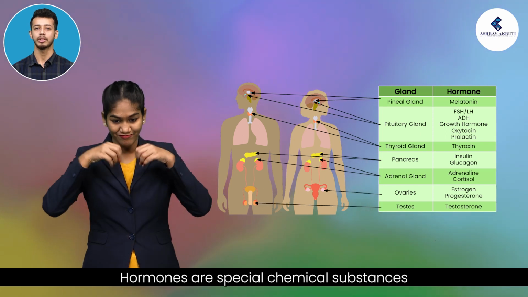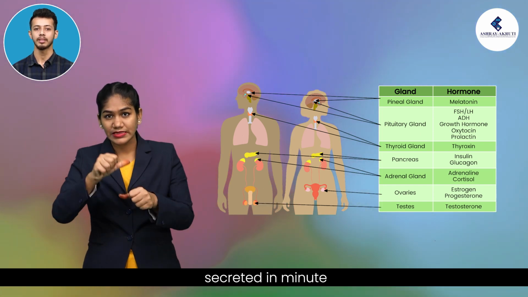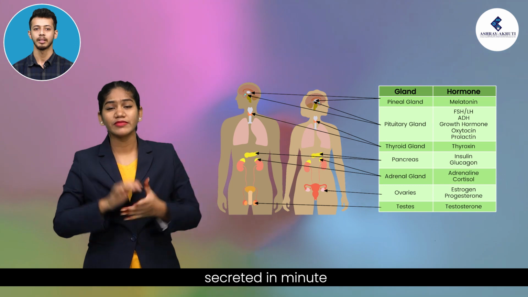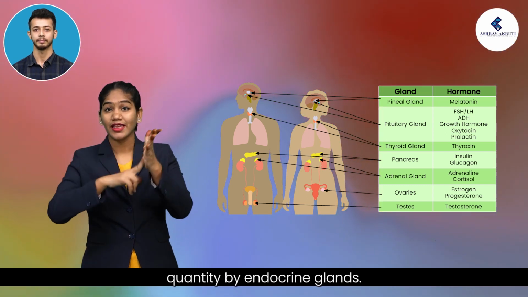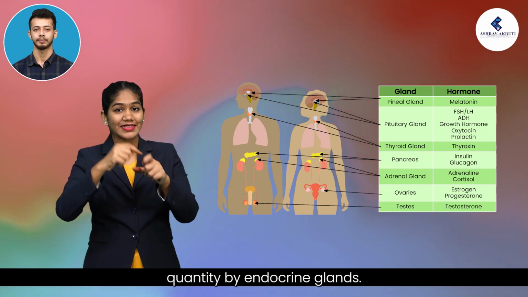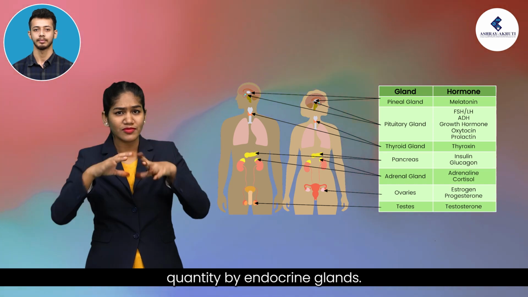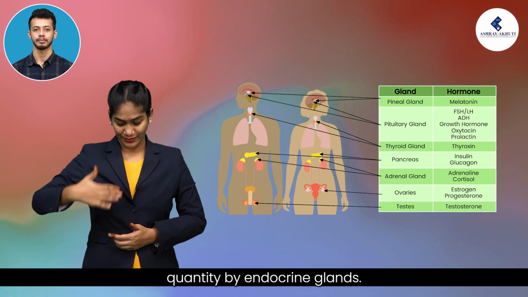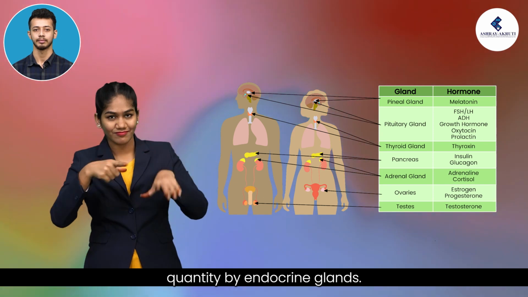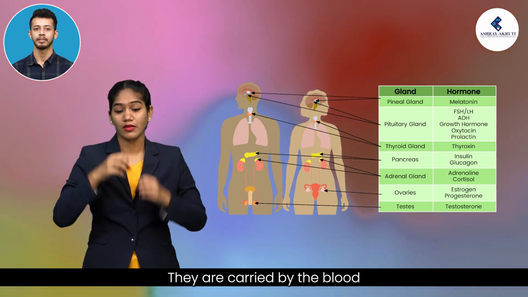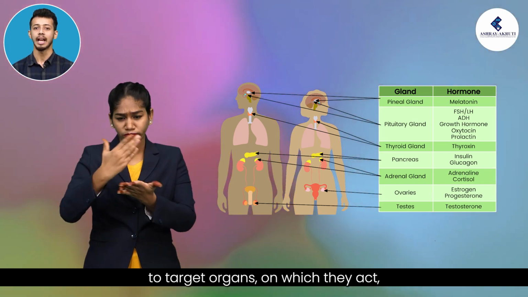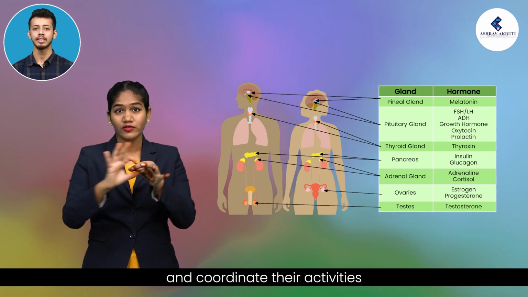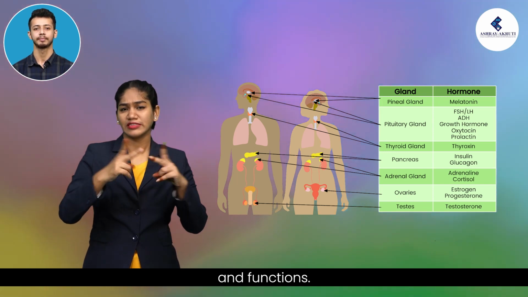Hormones are special chemical substances secreted in minute quantity by endocrine glands. They are carried by the blood to target organs on which they act and coordinate their activities and functions.